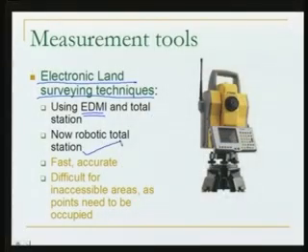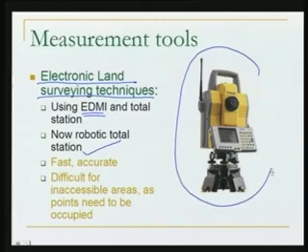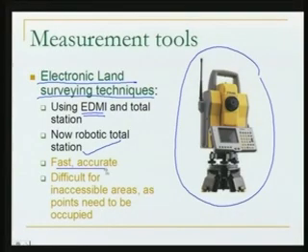Also, as seen here in the slide, we have a total station. This total station can measure angles and distances, all automatically without much involvement of a human being. Now things have become very fast. It can do very accurate surveys, and do them very fast. There is another word you see here in the slide, robotic. Some time back, total stations had to be operated by a human being.